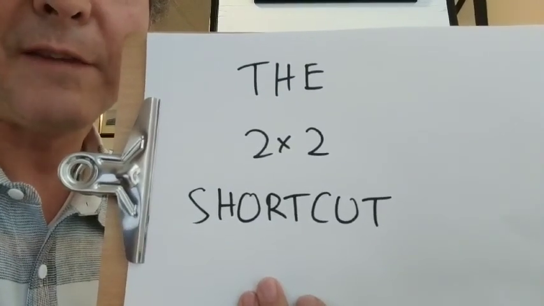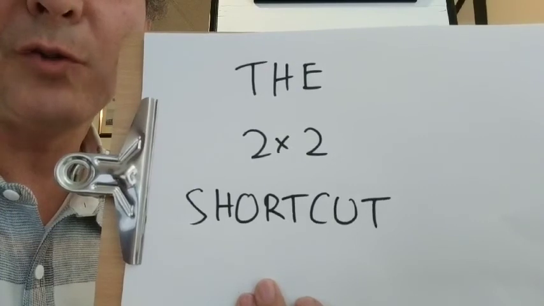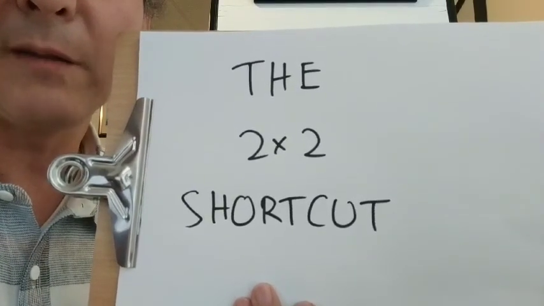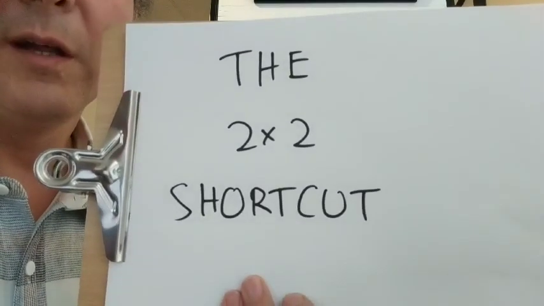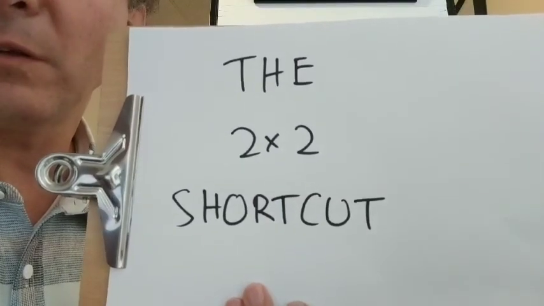When you're finding eigenvectors and eigenvalues of a 2 by 2 matrix, there's something you can do to make the process go quicker. This came up in discussion today, and I wanted to discuss it with everybody.